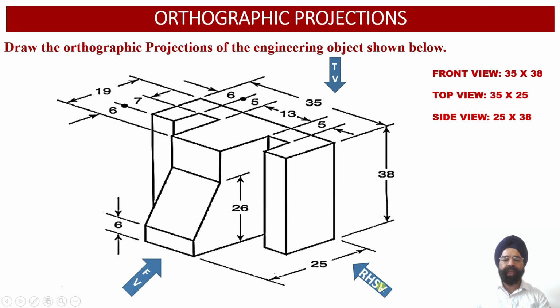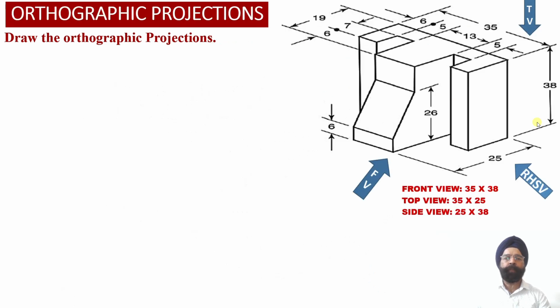Whereas when we observe the solid from the right hand side view orientation, we find that the depth of the solid is equal to 25 millimeter, while the height of the solid is equal to 38 millimeter. So the side view face of the solid will have the dimensions 25 millimeter by 38 millimeter. So with this information, we are required to evaluate the orthographic projections corresponding to this engineering object.